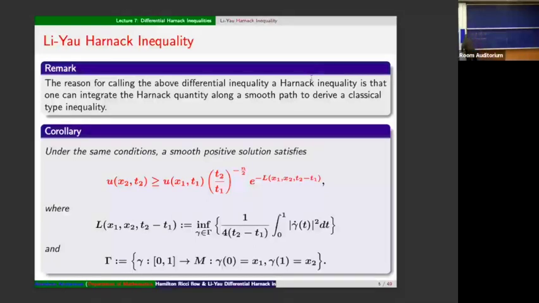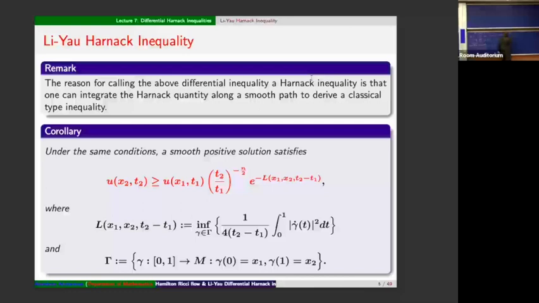Now, I think in the first lecture, giving the background of differential geometry, we defined a curve this way. We say a piecewise smooth curve.